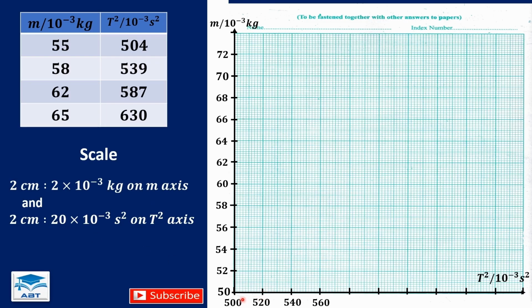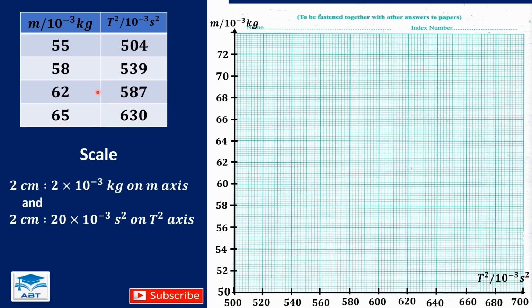So we have 520, 540, 560, 580, and so on. So meaning we will get all the values from 504 to 630 here, since the question did not tell us to start from the origin.